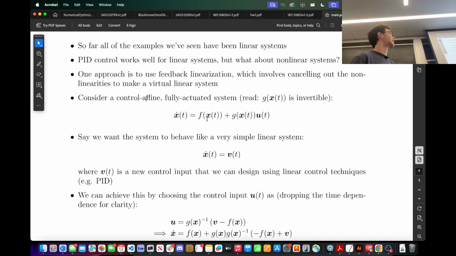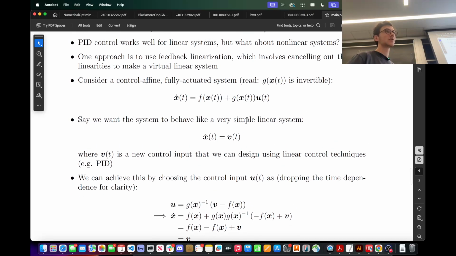Then x dot is f of x, which can be anything, and then G is some non-zero scalar times u. If I wanted to solve for u, I would need to divide by G somewhere. So in order to divide by G, G would have to be non-zero, and invertible for a scalar means non-zero.